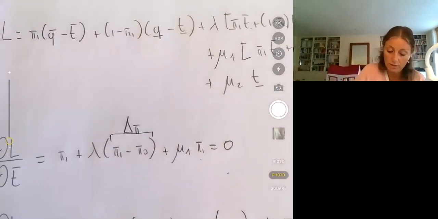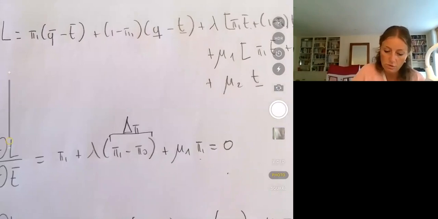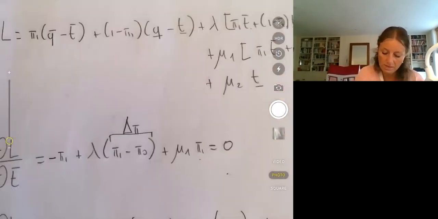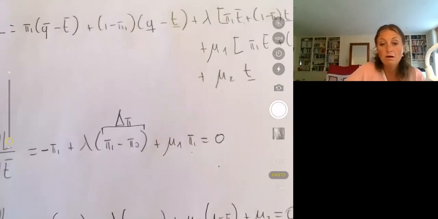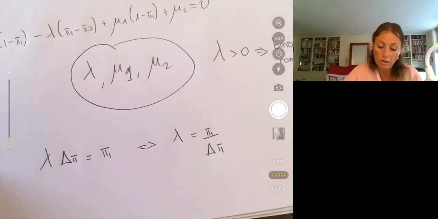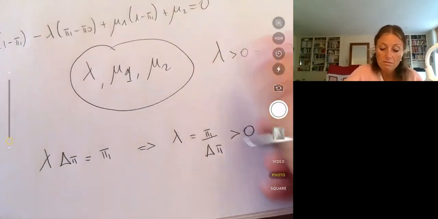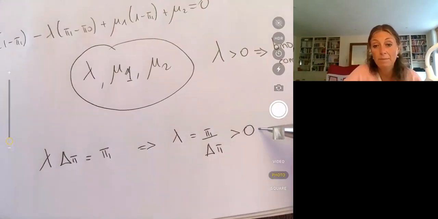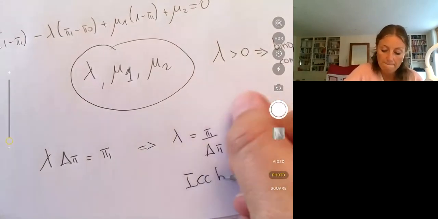So from this one, we obtain that lambda delta pi is equal to pi 1, which means that lambda is equal to pi 1 divided by delta pi. These are all elements greater than 0. So this confirms our idea that lambda is strictly positive, which implies the ICC is binding.